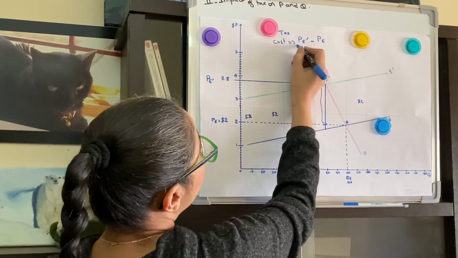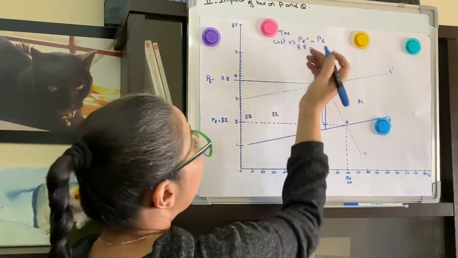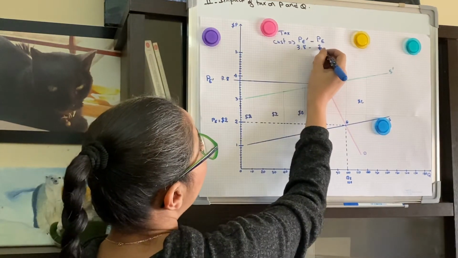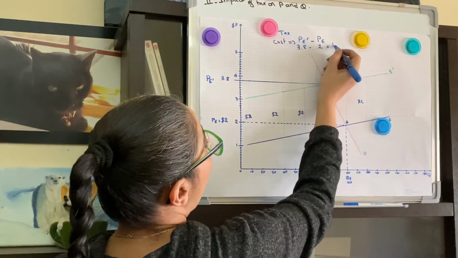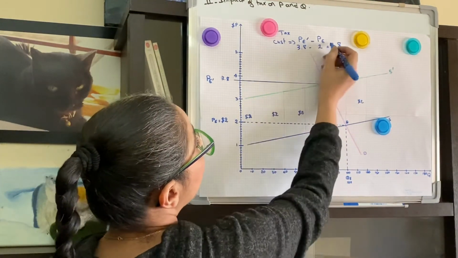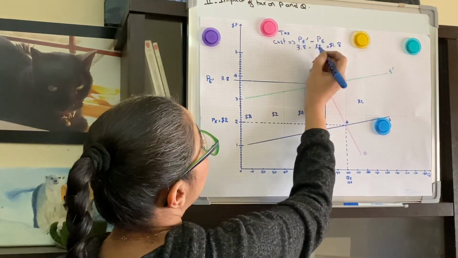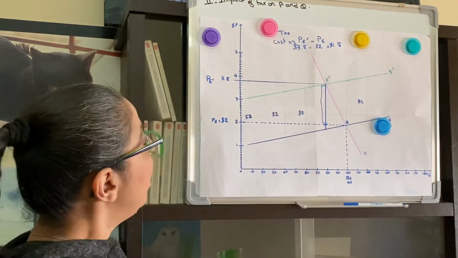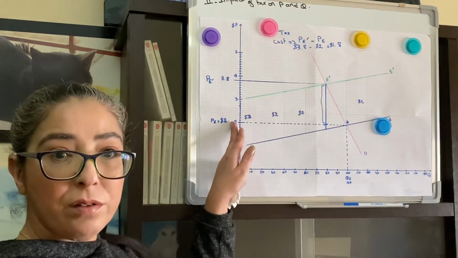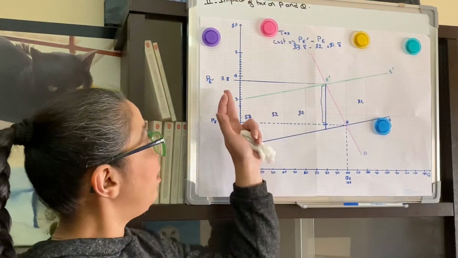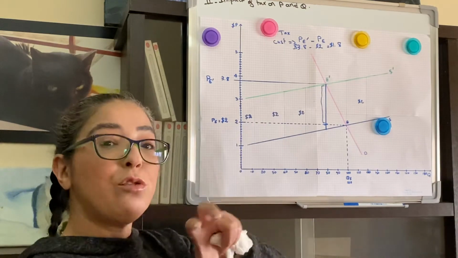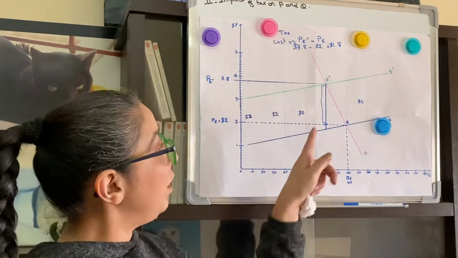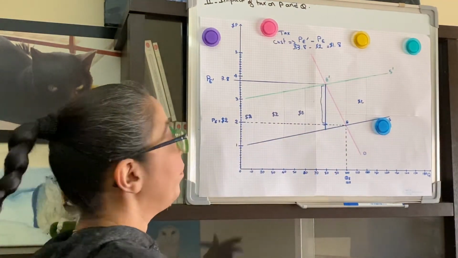The customer pays 3.8 minus what it used to pay, which was 2, so $1.8. All this is in dollars. It used to pay $2. Now with the new tax, it pays 3.8, which means from the $2 of the tax, it only pays 1.8.